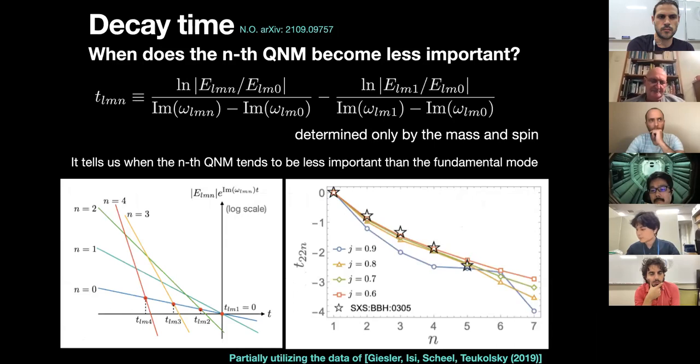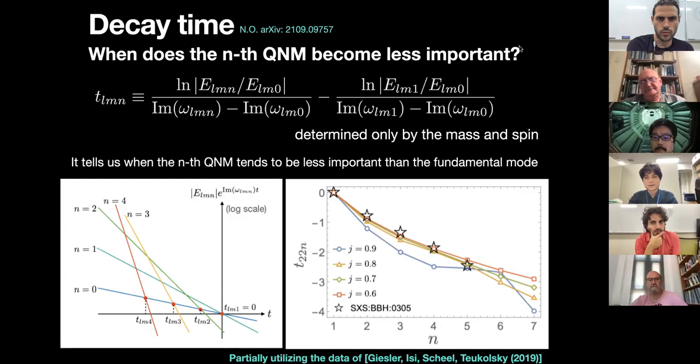Okay, so maybe this is the final slide. In my recent paper, I introduced a new quantity. I call it the decay time. This tells us when the nth quasi-normal mode tends to be less important than the fundamental mode. This is a rough schematic picture.